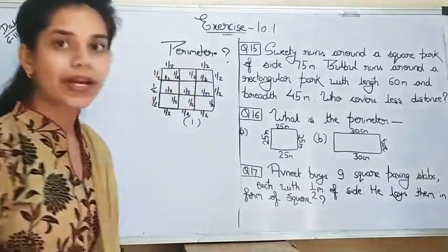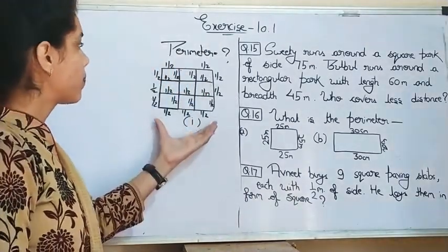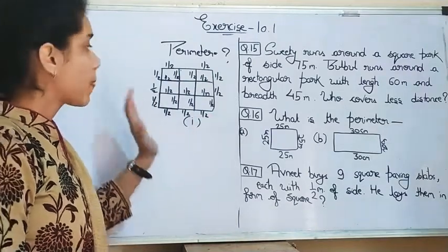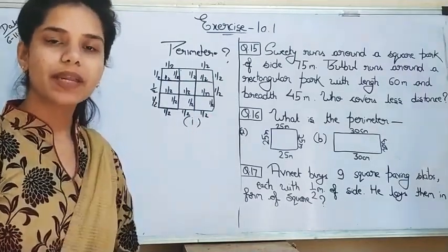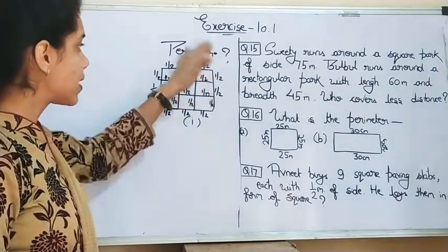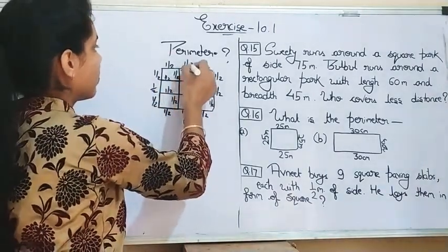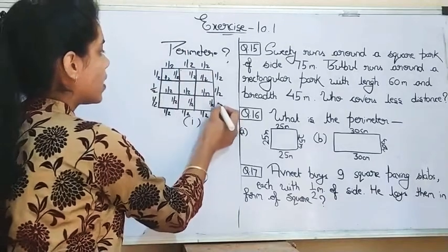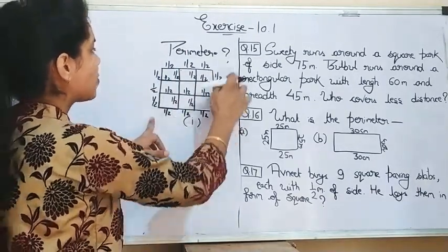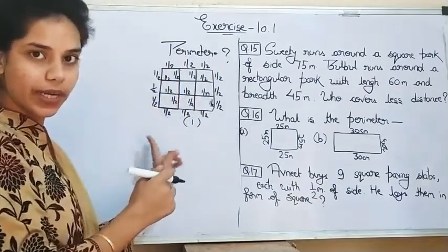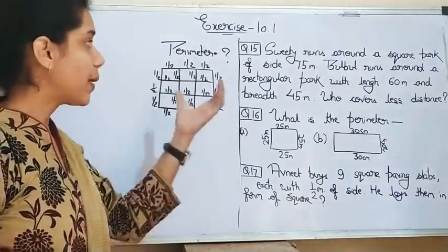So we need to find out the perimeter of this figure. How will you find the perimeter? What is perimeter, students? It is just the length of the boundary. So add all these measurements along this boundary, and we will get the perimeter.